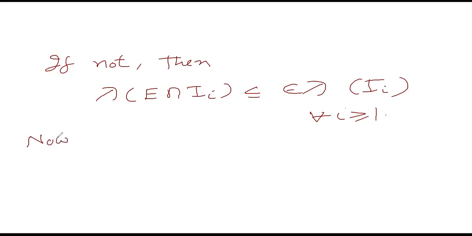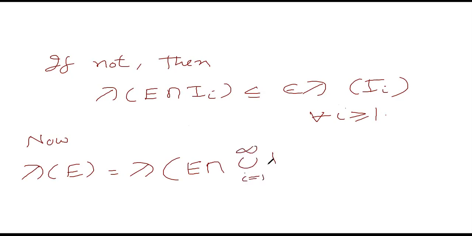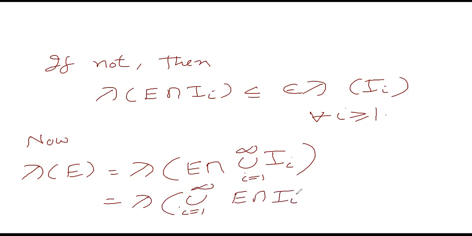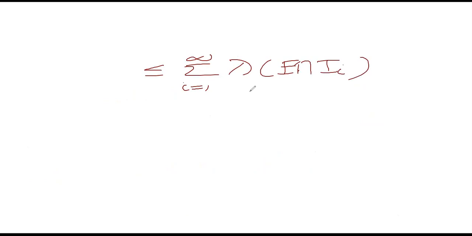Now we find a contradiction. The Lebesgue measure of E is equal to the Lebesgue measure of E intersection the union of I_i, i from 1 to infinity, because E is a subset of this union, which is equal to the Lebesgue measure of the union of E intersection I_i. Now you can apply the subadditive property: it is less or equal to the summation of the Lebesgue measure of E intersection I_i.